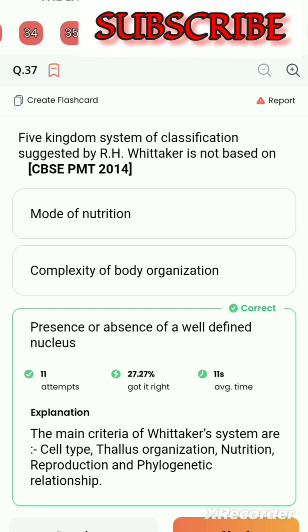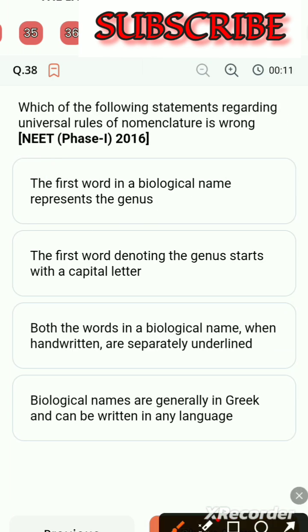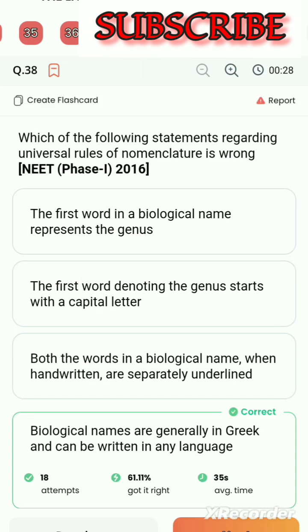He doesn't consider whether the nucleus is well defined or not. Next one, question number 38. Which of the following statements regarding the universal rule of nomenclature is wrong? The biological names are generally in Greek and can be written in any language. So that is the wrong one. It was only written in Latin, right? So it was the wrong one according to this question.